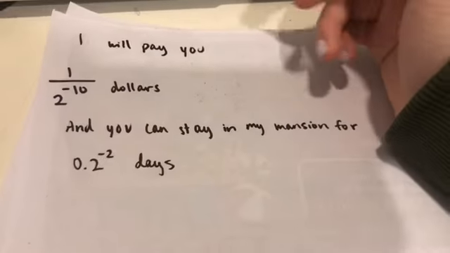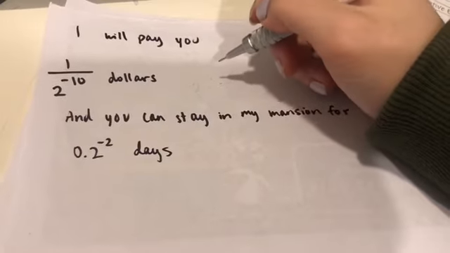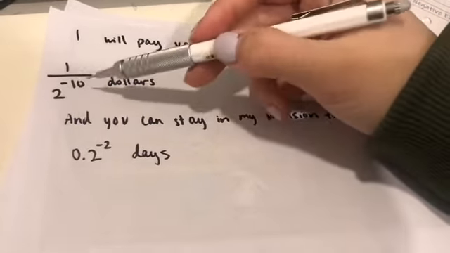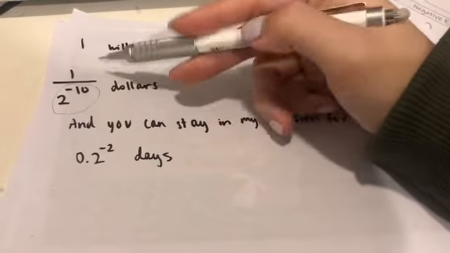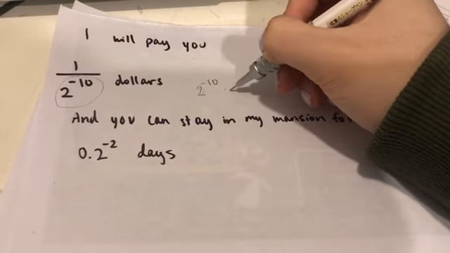If you want to find out how much your boss is going to pay you, then we have to use the negative exponent law to solve this problem. In order to solve this, we first have to figure out how this bottom denominator is going to be written out. So 2 to the negative 10th power.